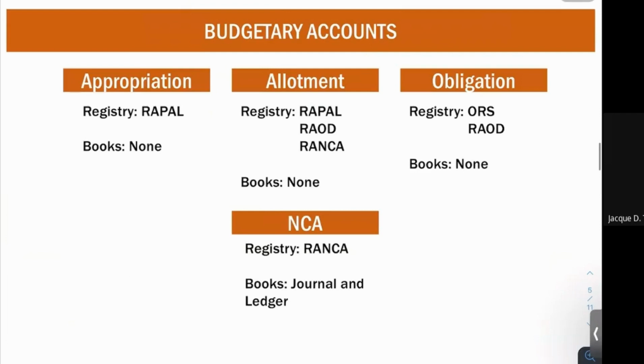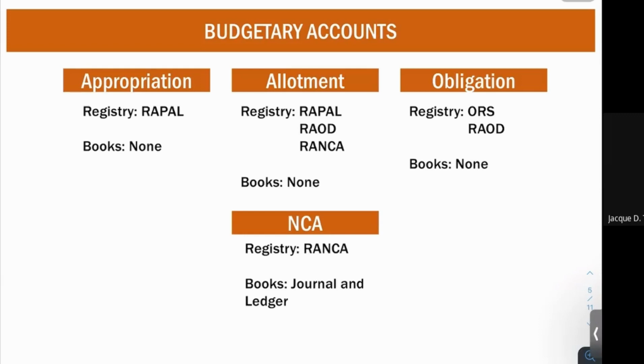We have your registry books and your journal or ledgers. Now, in appropriation, we said we will record it in the RAPAL. Allotment, RAPAL, RAOD, and RANCA. Obligations, we will create an ORS and then we will create a RAOD. And then for NCA, we will record it in your RANCA.